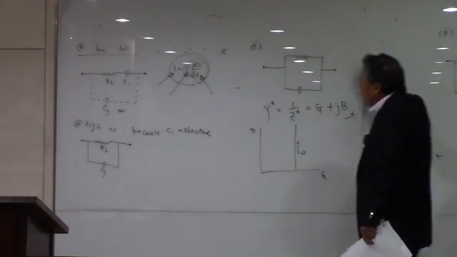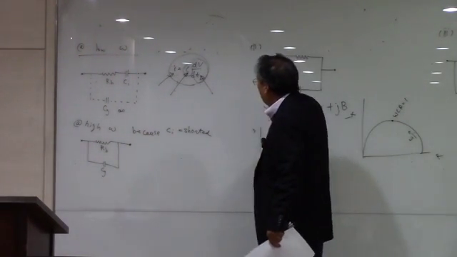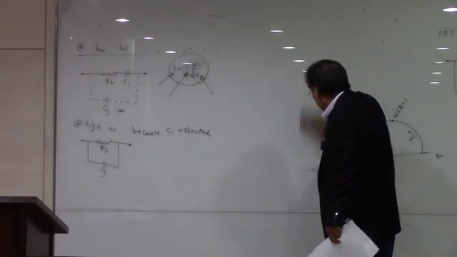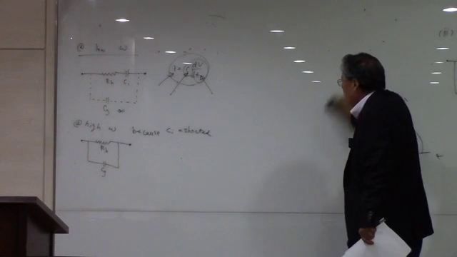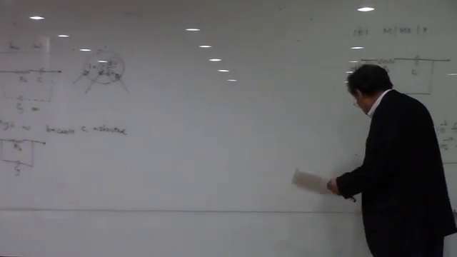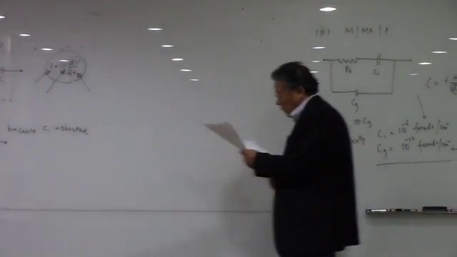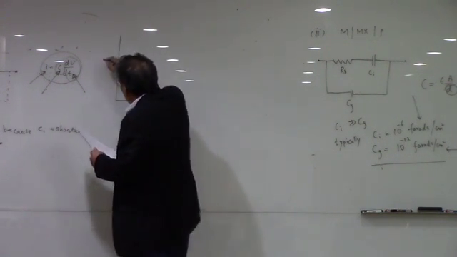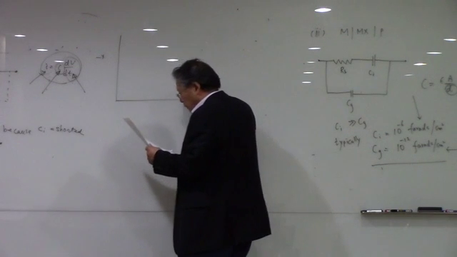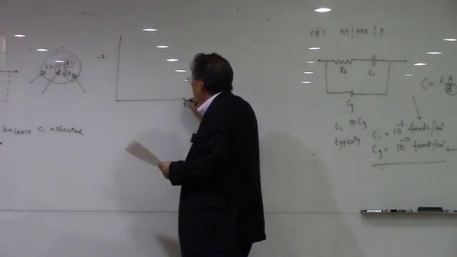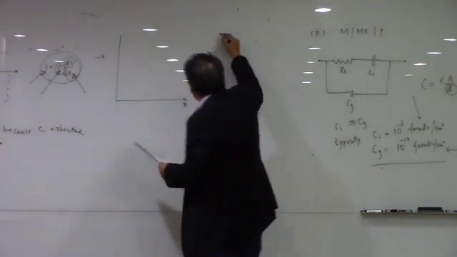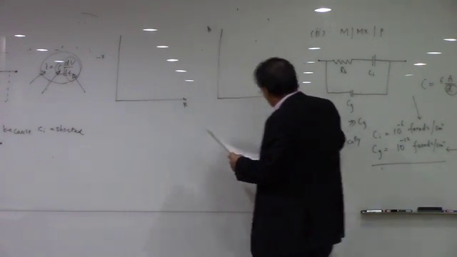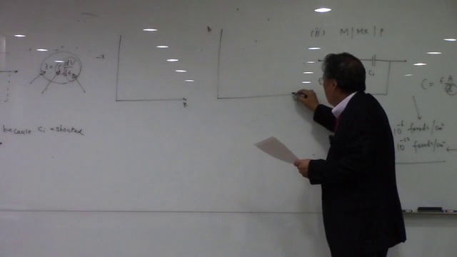So if you make a whole spectrum from low frequency to high frequency, then from the formal knowledge, we can make a plot X versus R, or we can make a plot B versus G. Okay?